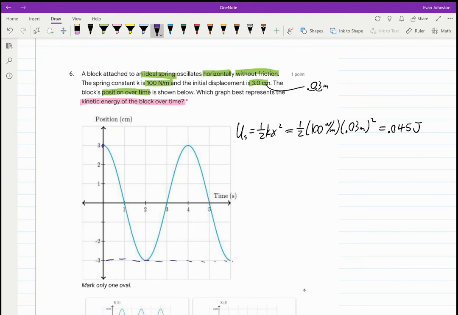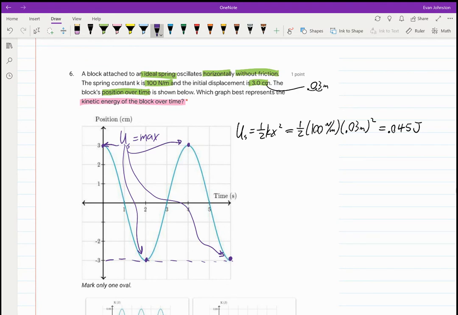So I have maximum potential energy right here, and right here, and here, and here. So potential energy is at its max value right there, and right there, and all the way over there, and way over there. Okay, so we're looking for something where potential is at a max here.